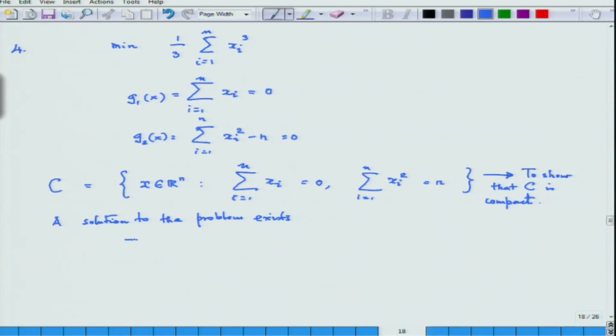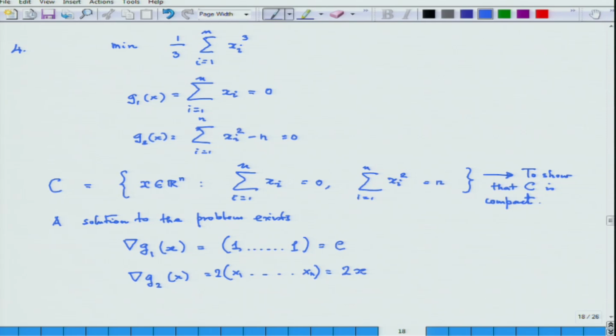Now, let us compute the gradient. Now, when are these linearly independent?